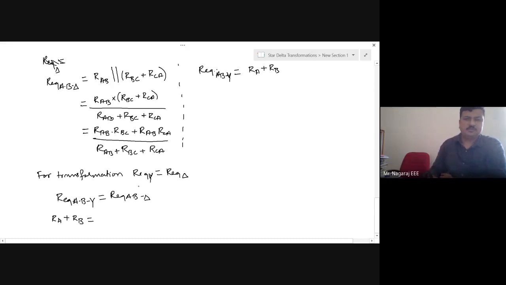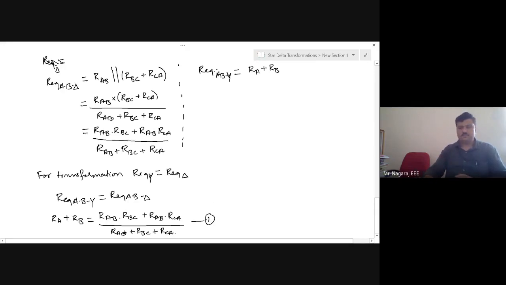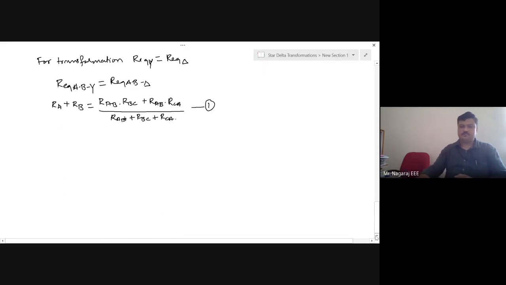RA plus RB is equals to RAB into RBC plus RAB into RCA divided by RAB plus RBC plus RCA. Taking this as equation 1.